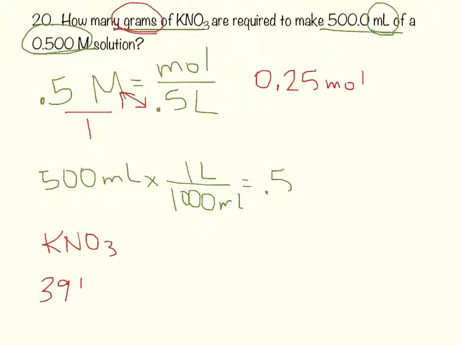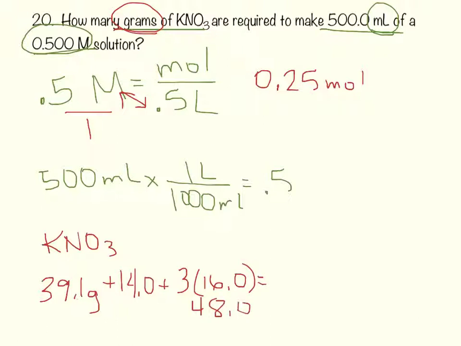Potassium is 39.1 grams, plus nitrogen is 14.0, plus oxygen is 3 times 16.0, which is 48. Add those all together and we get 101.1 grams per mole.